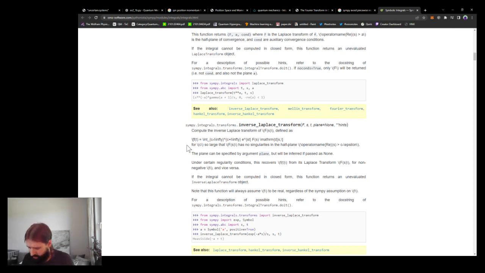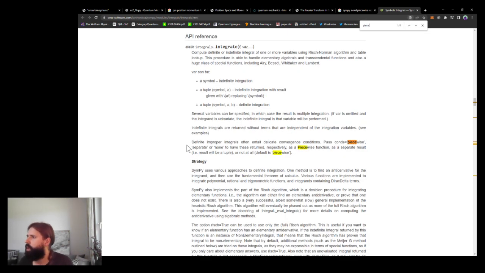But I just don't like this. Definite improper integrals often entail delicate convergence conditions. Pass conds piecewise, separate, or none to have this returned respectively as a piecewise function, as a separate result, or not at all.